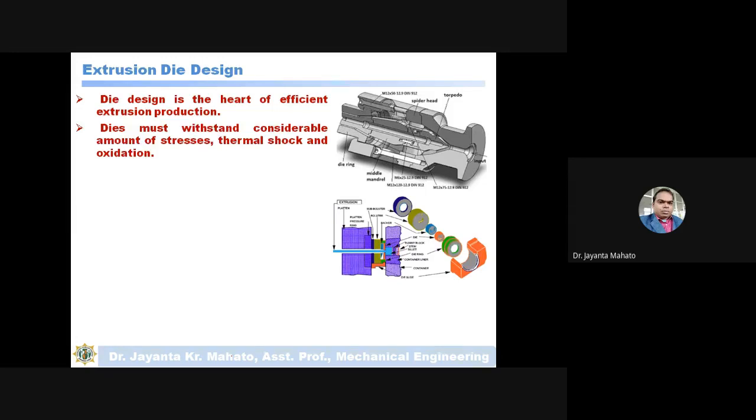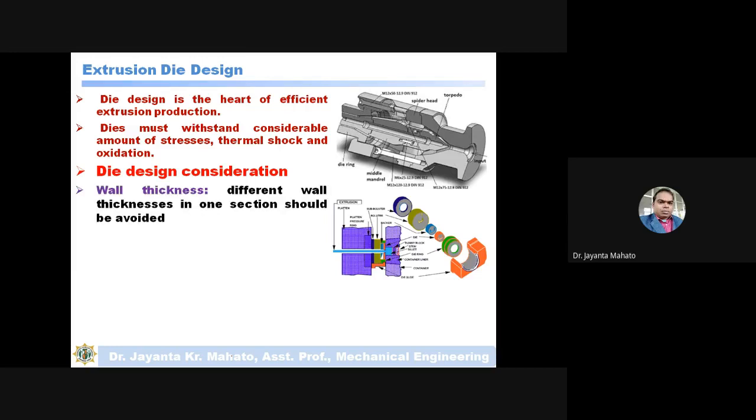And in case of the hot extrusion process, there is involvement of thermal shock, so the die should have more ability to sustain thermal shocks and oxidation, because the billet or ingot in hot extrusion is in very hot condition, so there will be chances of oxidation. So this die should have more oxidation resistance. Okay, so for die design consideration, first of all, wall thickness. Different wall thicknesses in one section should be avoided.